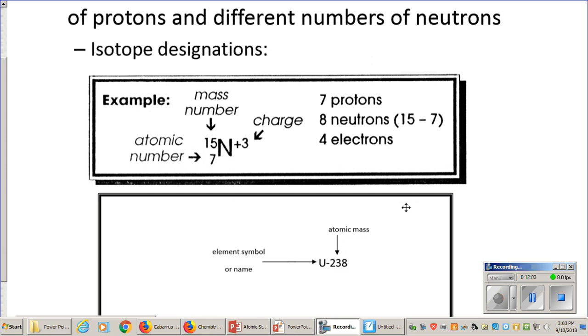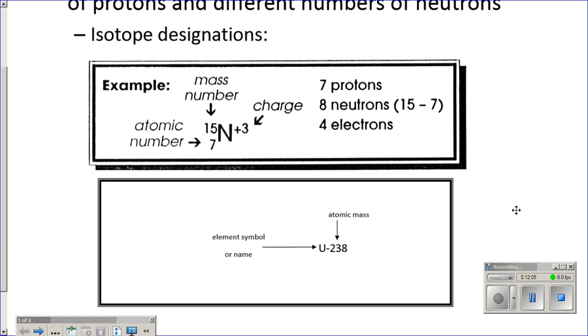Here you can see what we have is this format where you have the symbol of the element, and then over here to the left you have some numbers, the mass number on top and the atomic number on the bottom. This format is called the AZ format.